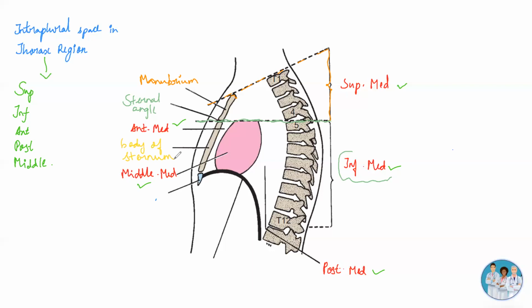And the end of this structure is the xiphoid process. Of course, the xiphoid process is attached with the diaphragm.